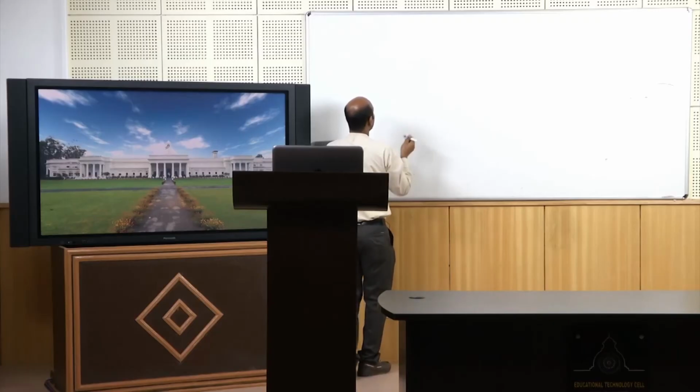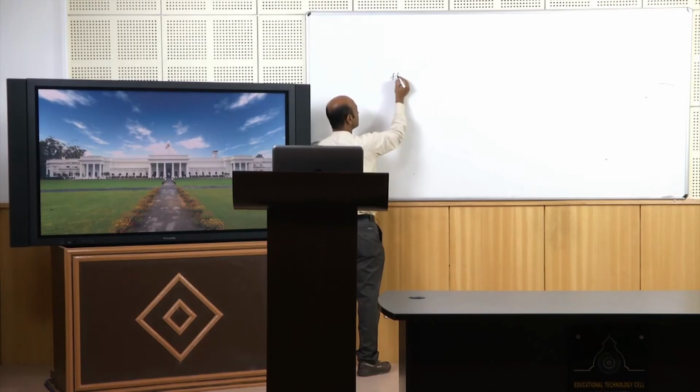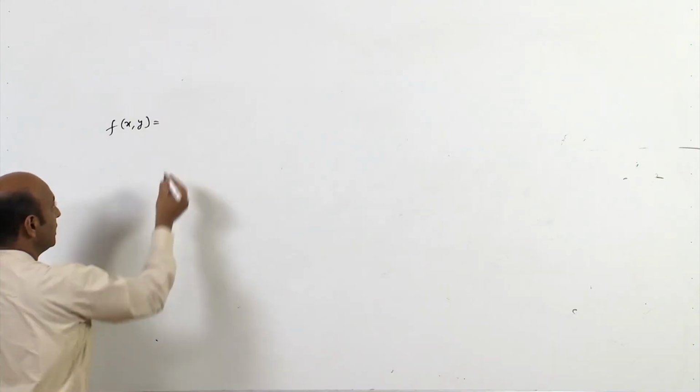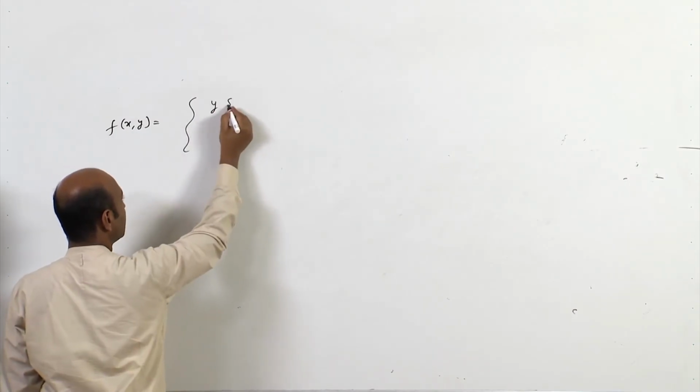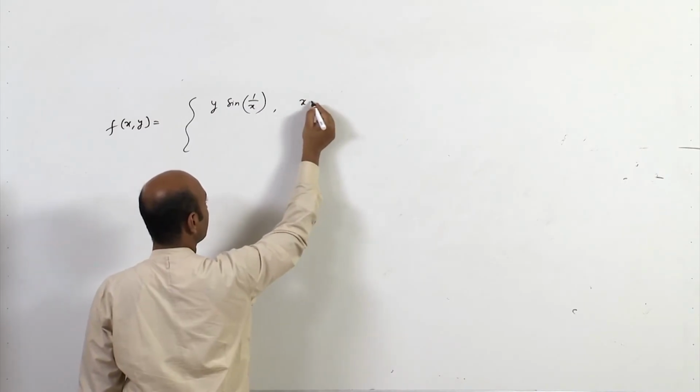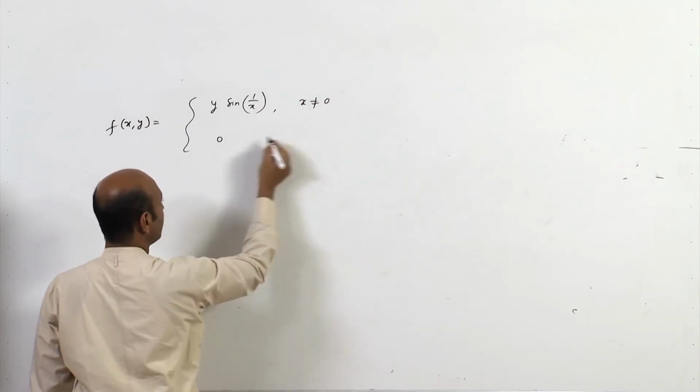Now, you can take this example: f(x, y) is equal to y sin(1/x) when x is not equal to 0, and it is 0 when x is equal to 0.